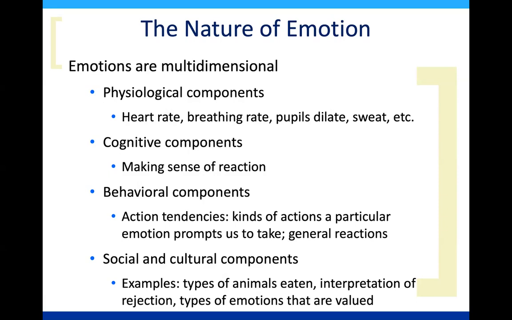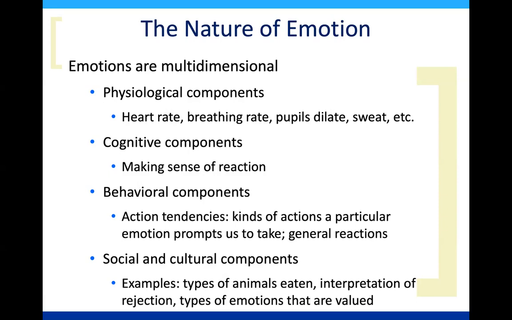There are also social and cultural components to an emotion. The type of society or culture that we come from may determine how we react to something based on how we're raised or what we are exposed to. So, on a cultural level, we can think about the types of animals that are eaten in terms of disgust as an emotion.